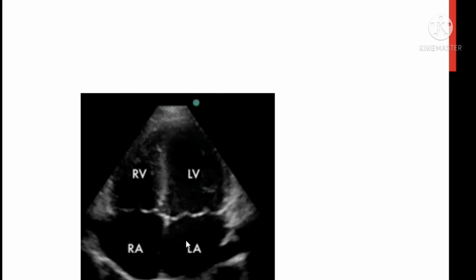But if you use the abdominal probe and the probe direction is here, do you think the image will reverse that way? No, not the same.